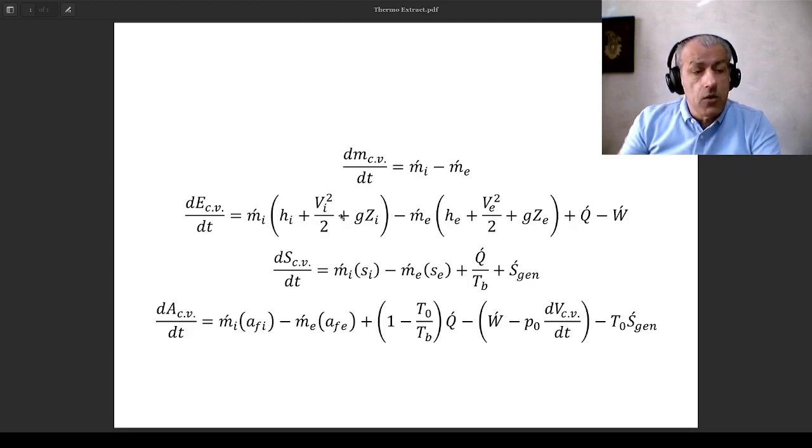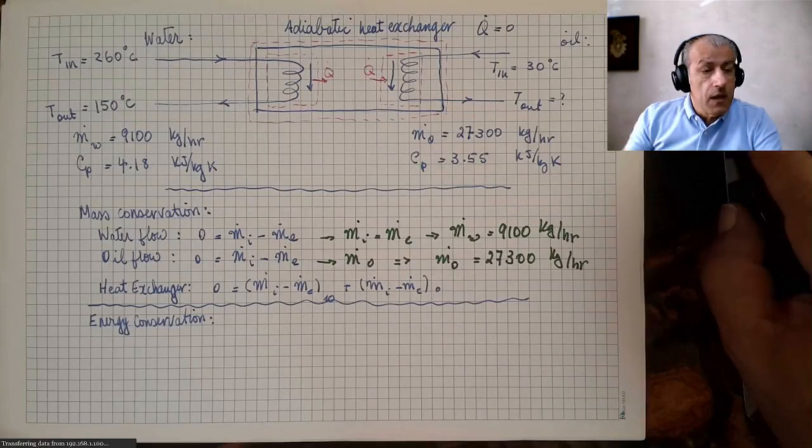There are no changes in velocity, or we just ignore any changes in velocity. They would be very small. And there are no changes in elevation, or at least they are small enough to be ignored. So the energy equation would look like this.